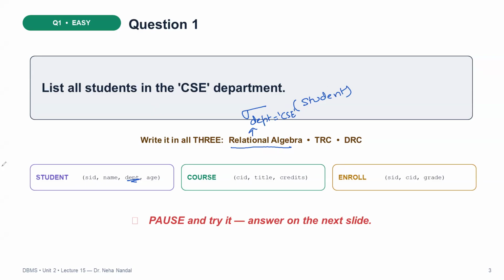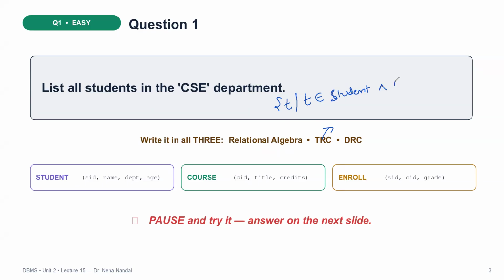Easy. Now let's see the second one with TRC. With tuple relational calculus, we have to first take one tuple because we want to display everything. So we'll take a tuple T, and T belongs to which table? Student.